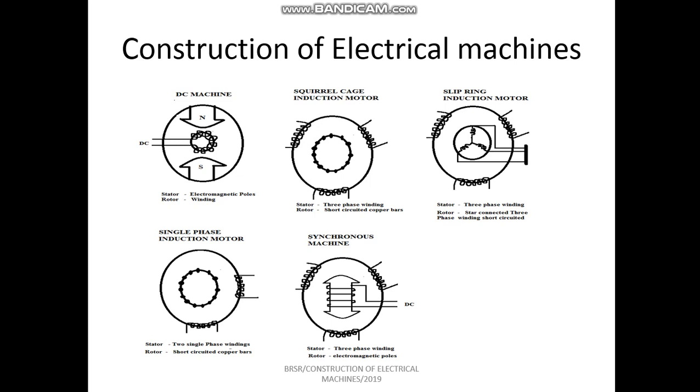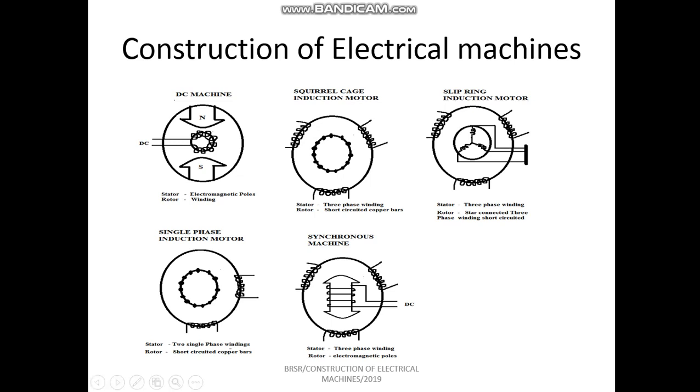So electromagnetic poles are present in the stationary part of a DC machine, while we give a DC supply to the winding which is present in the rotor. So DC machine has got both electromagnetic pole and a winding. And if you see, every machine has got a winding and a system to have a magnetic field.